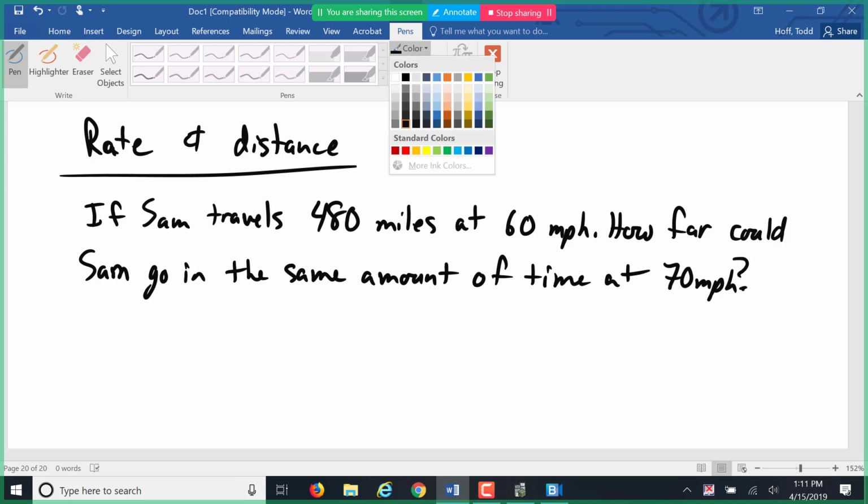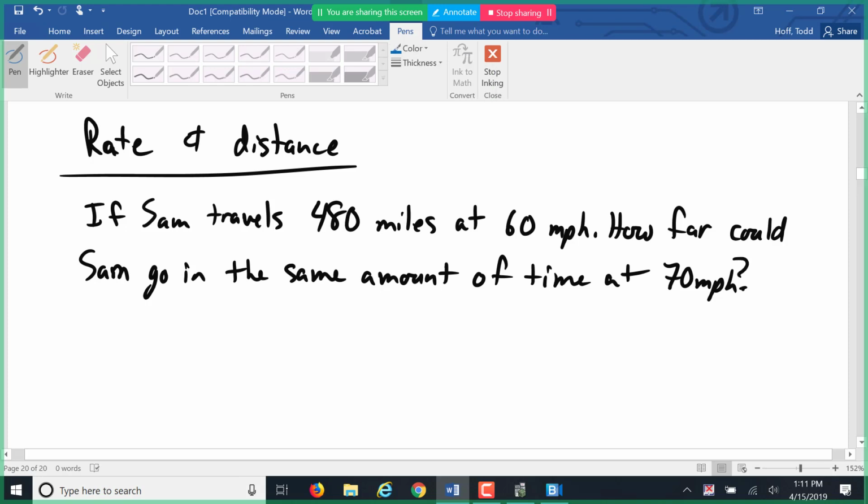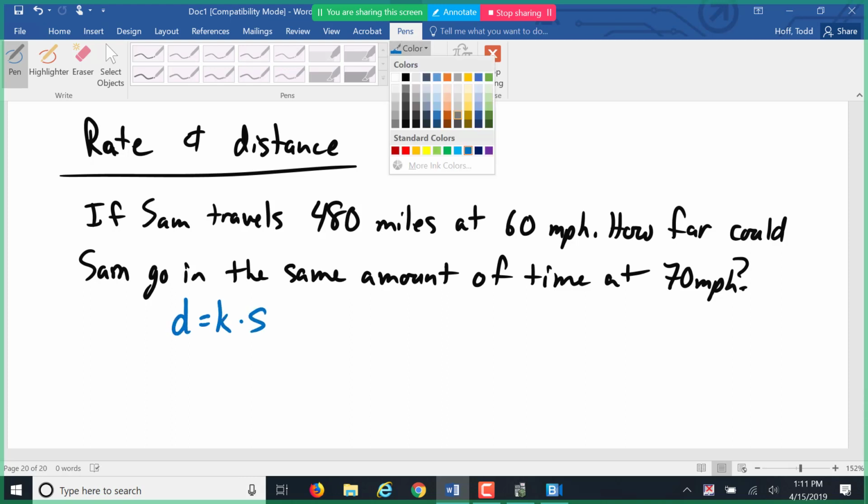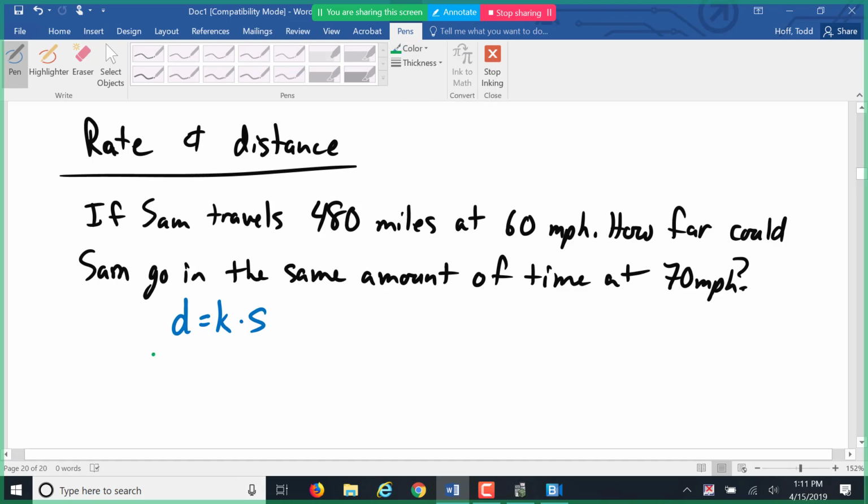Now, many of us have worked with problems like this without knowing that it's a direct relationship. But there's a direct relationship here. The distance traveled is equal to a constant times the speed. So we put in 480 miles as a distance when that speed is 60, tells us the constant equals 8.